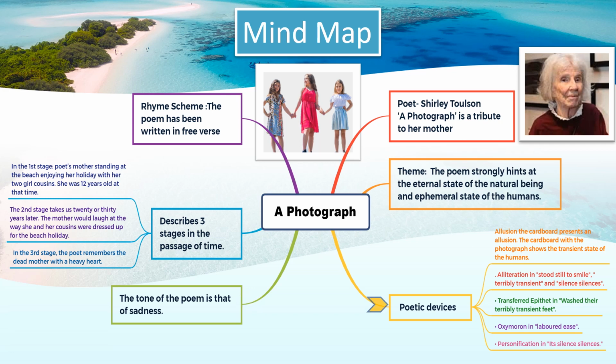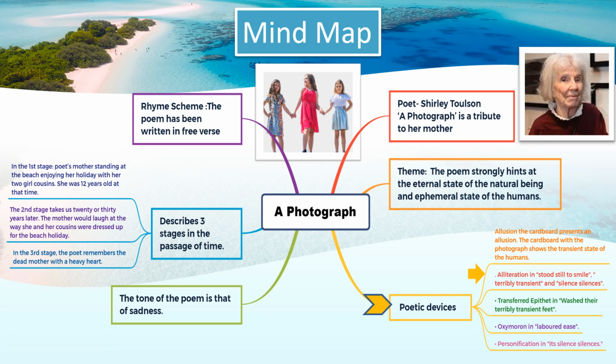There are various poetic devices used by the poet in the poem A Photograph. Very first line, she talks about cardboard, which is an illusion. The cardboard presents an illusion. The cardboard with the photograph shows the transient state of the humans.